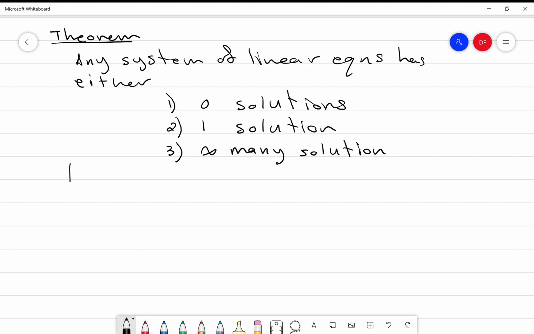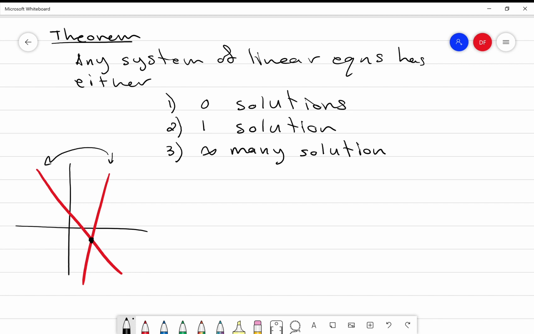And we saw for two dimensions where you have two lines, if you have a line here and let's say a line here, then the intersection is the solution of this system of two linear equations in two dimensions. So we would have two variables, right?